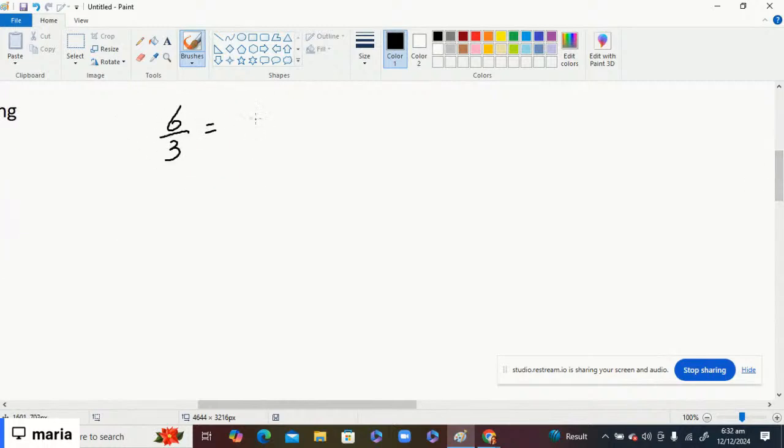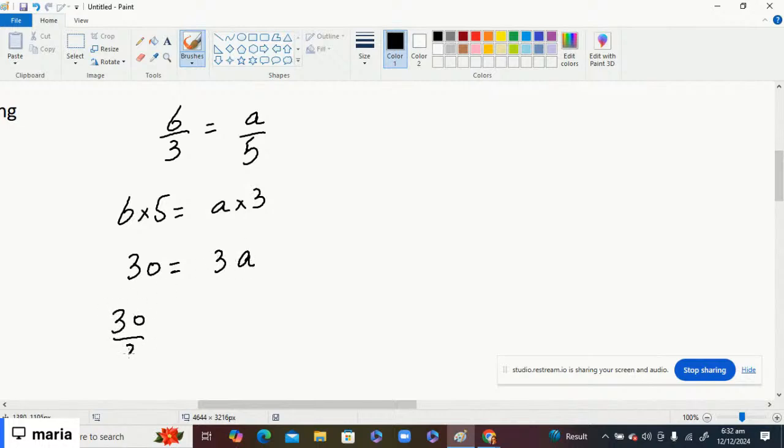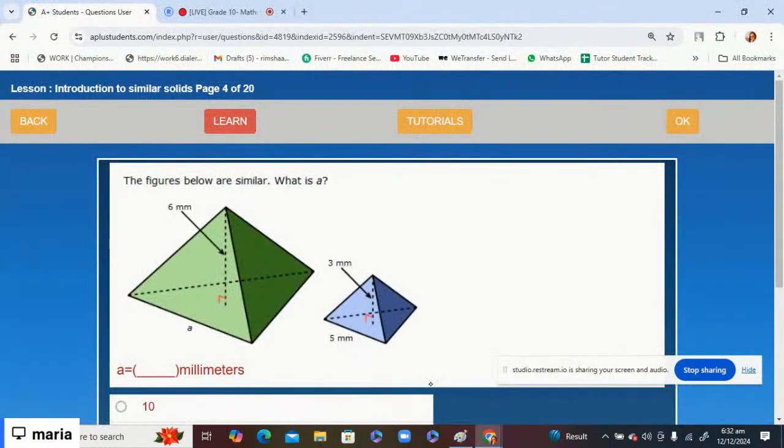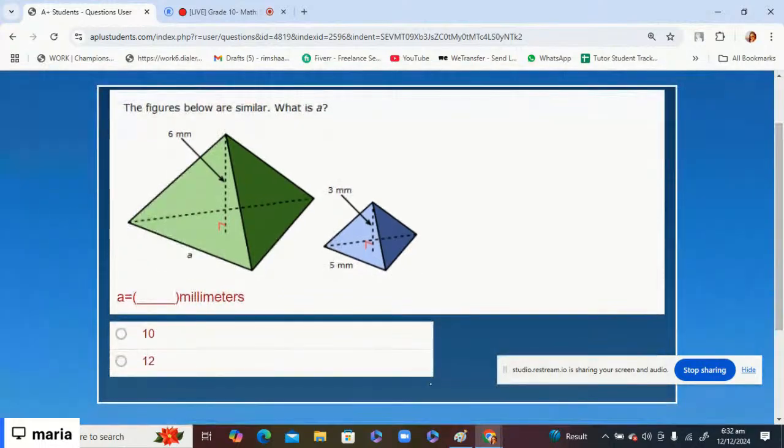So multiply 6 with the 5, multiply a with the 3. So it is multiplied here, here it's divided. 3 times 1 and 3 times 10. So value of a is 10. Good. So let's see the answer. 10 is available. Yes, it's here.